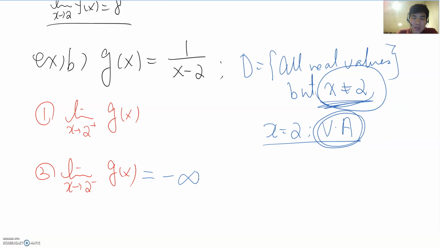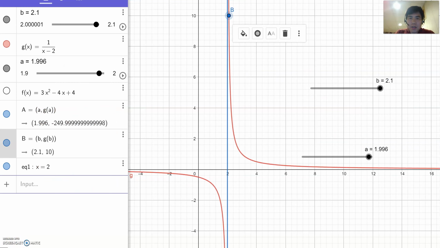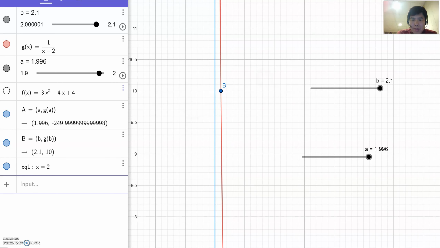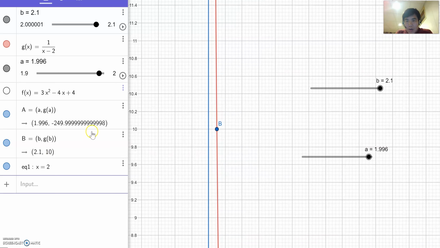I'm going to show the same simulation. As you see, I just defined the point B on the positive side, and I set it at 2.1 and then 10 here. It is really close to 2, because in the simulation the value is close to 2 with a three decimal digit number, which is really small. That's why I made it like that. Otherwise, I would need to simulate for a long time, right? I'm going to zoom in more so you can see some gap here, and then I'm going to move these closer to 2 here.